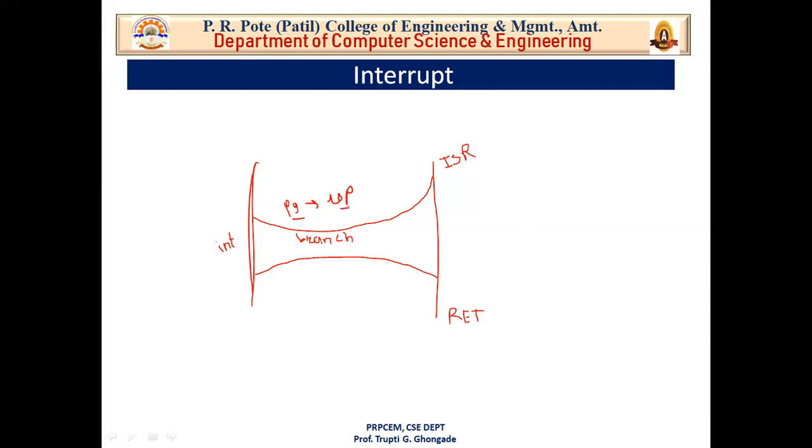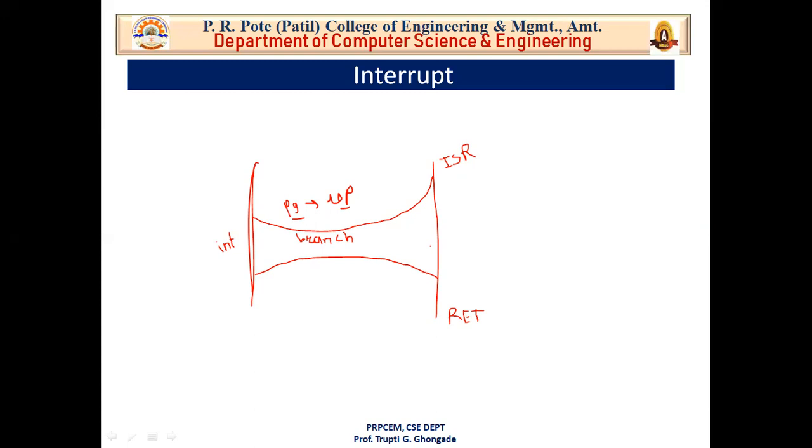Here the processor is executing a program and suddenly some device in the computer develops a problem. It means it needs some attention, some service from the processor. So it informs the processor by sending signals. What is the first thing you understood?